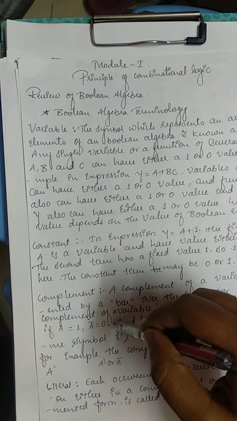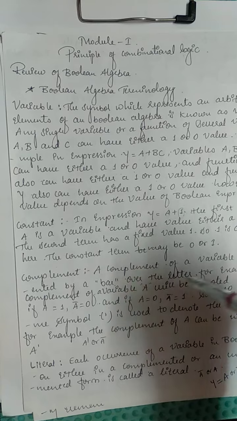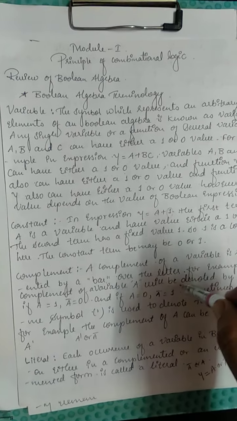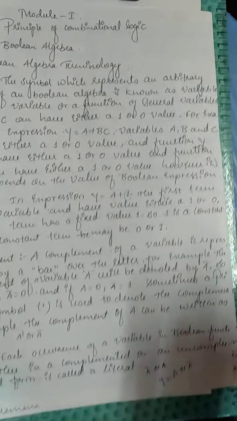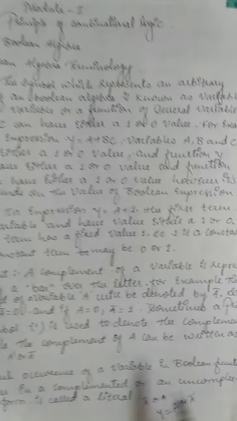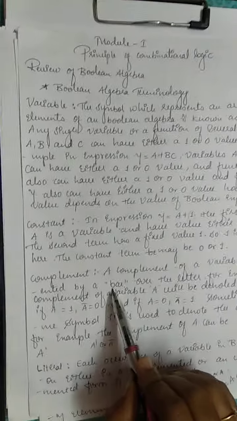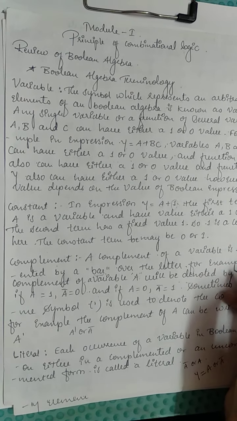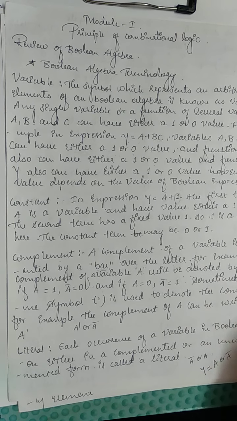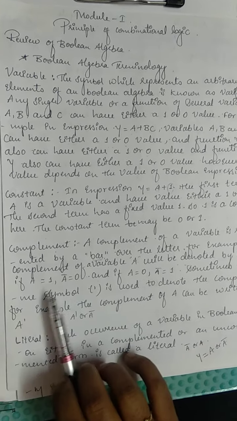When it comes to the complement, the Boolean expression we have seen is y equals a bar. It will be a variable value. When the bar comes on the letter A, it is known as a complement.